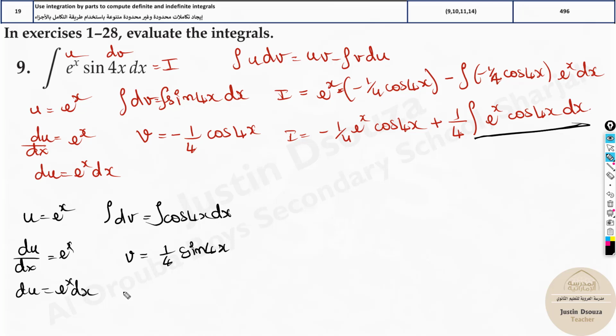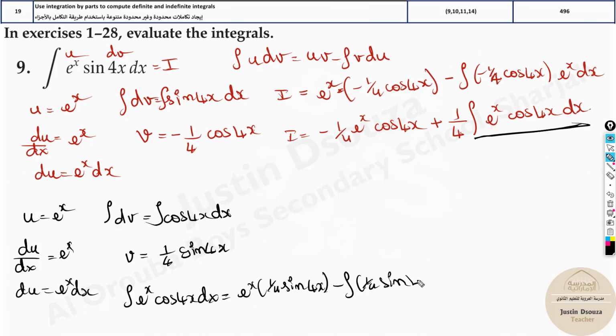Integration of e to the power x cosine 4x dx will be equal to this formula here. u is e to the power x. What is v? It is 1/4 sine 4x, minus the integral of 1/4 sine 4x, close the bracket, and lastly we have du, that is e to the power x dx.